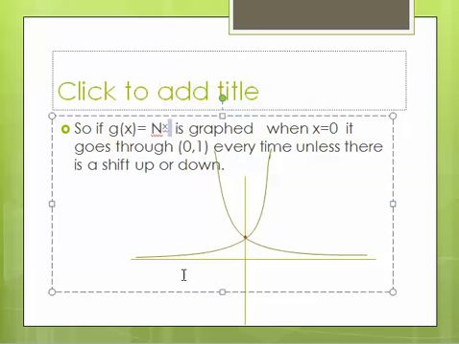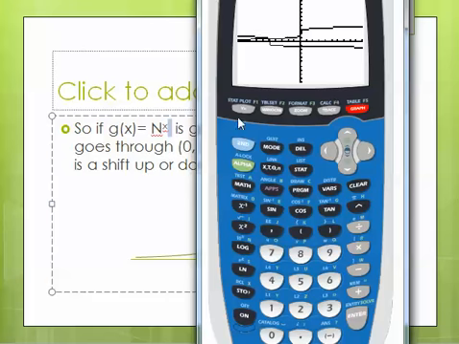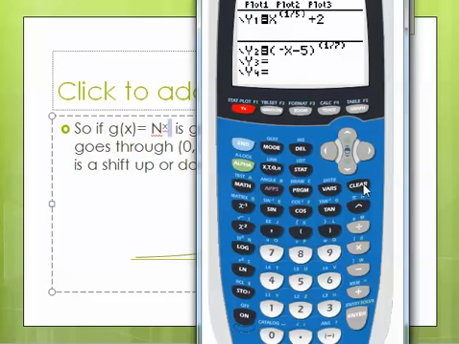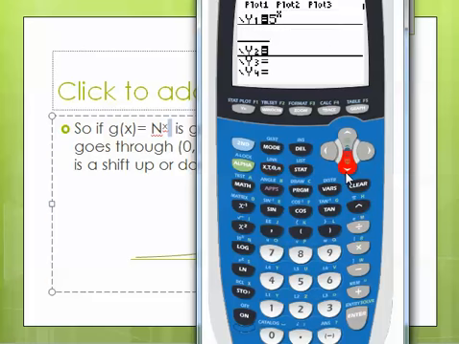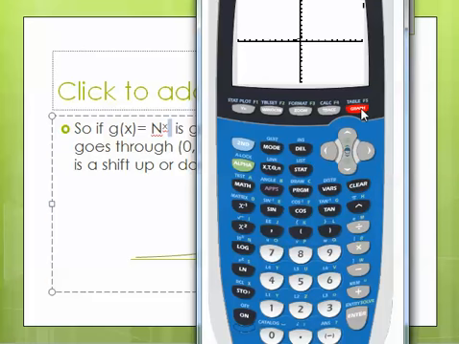And your calculator does graph these. So what I want to show you is if I take the calculator and clear it out and say something like 5 raised to the x power, and I hit graph, what I will get is a graph like that.